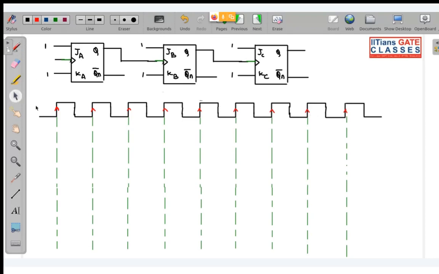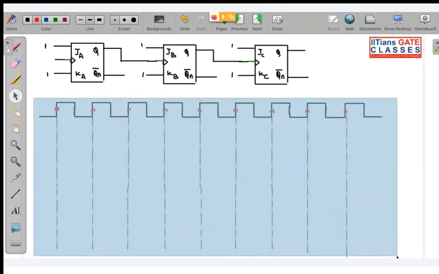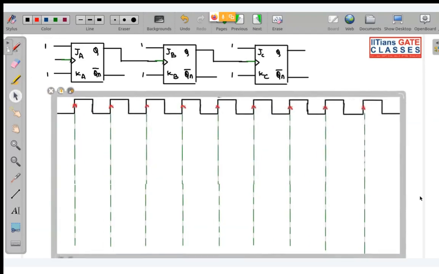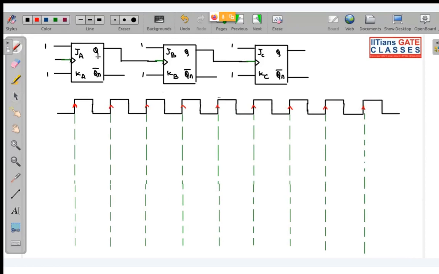So look over here. This is QA, this is QB, this is QC. Initially QA, QB, QC are all 0. You can even initialize it with 1, it is up to you.